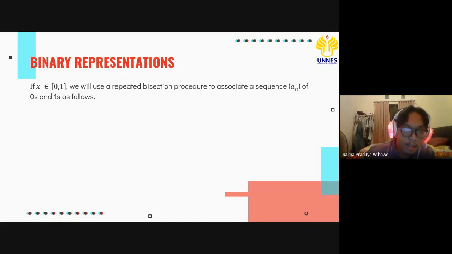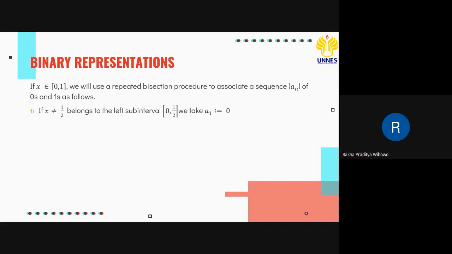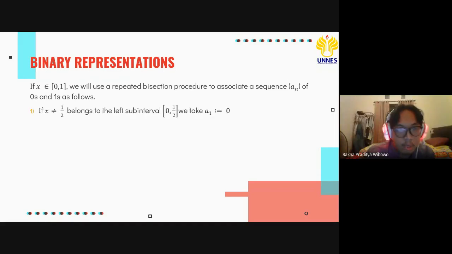If x is an element of the closed interval 0 to 1, we will use a repeated bisection procedure to associate a sequence an of zeros and ones as follows. First, if x, not equal to half, belongs to the left subinterval, the closed interval 0 to half, we take a1 to be defined as 0.